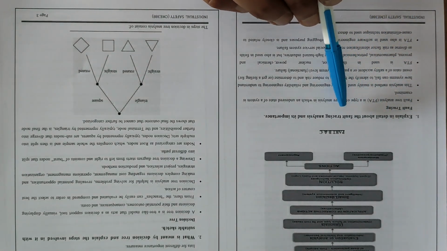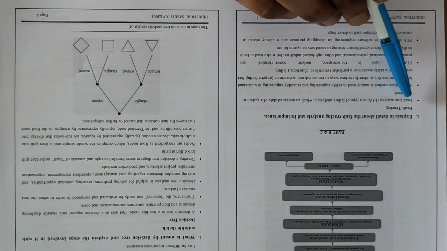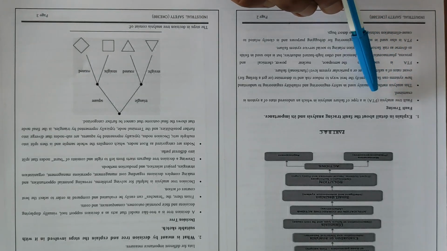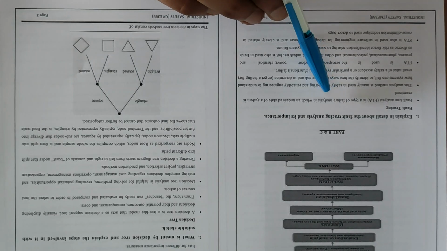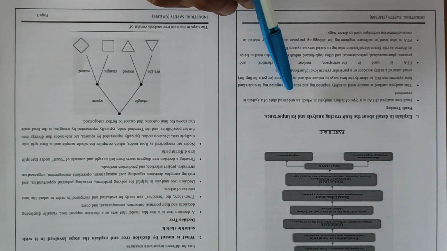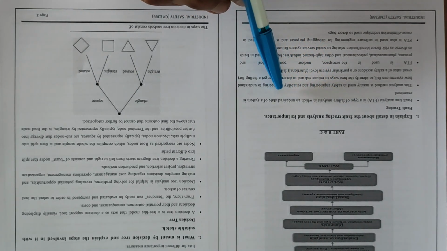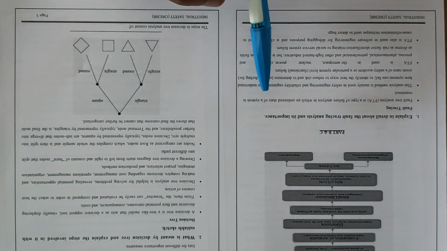Explain in detail about the fault tree analysis and its importance. Fault tree analysis (FTA) is a type of failure analysis in which an undesired state of a system is examined.